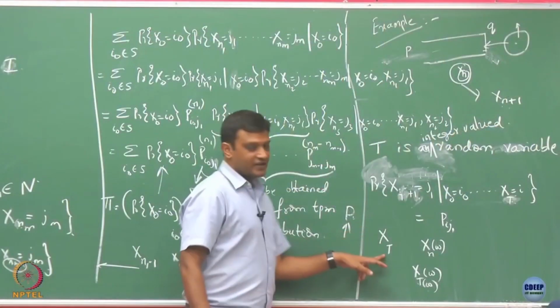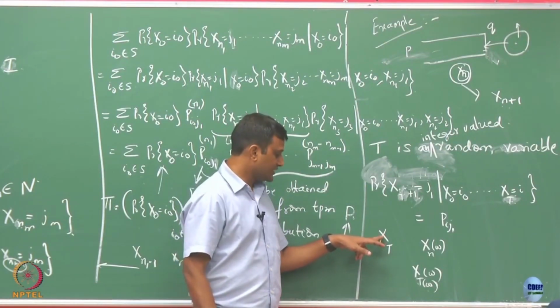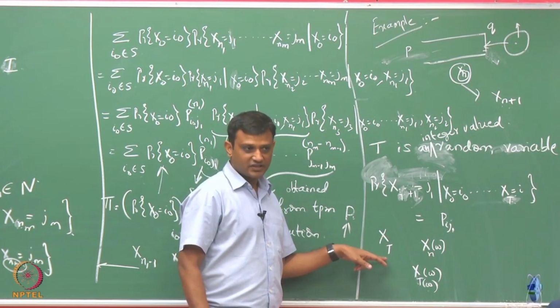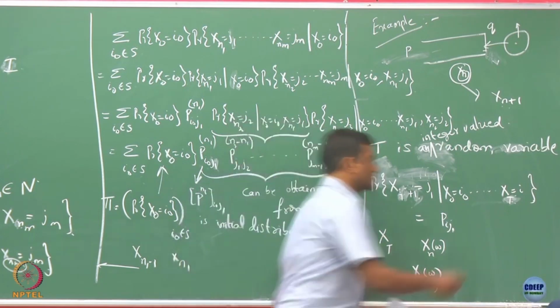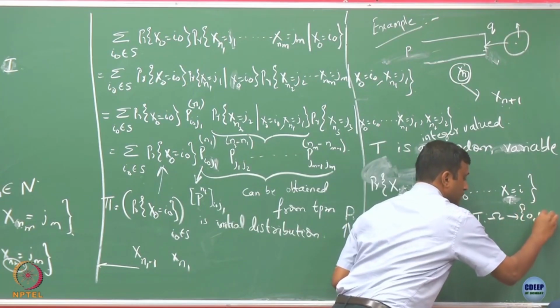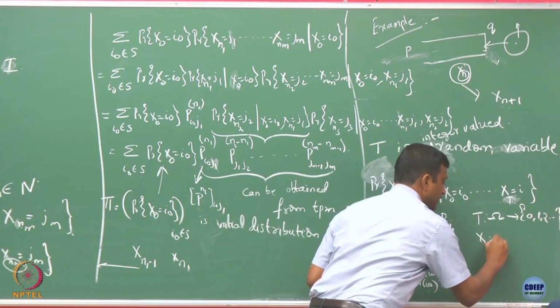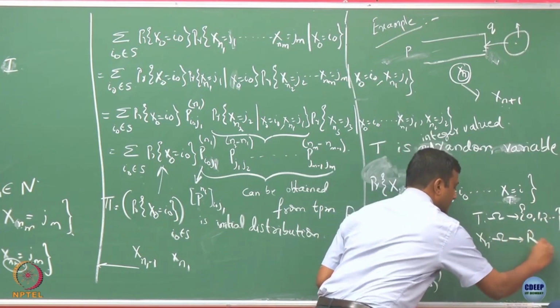So when I write X of T, the way you have to read it is: T is a map from omega to 0, 1, 2, all the way, and X_n is also a map from omega to R, for all n.